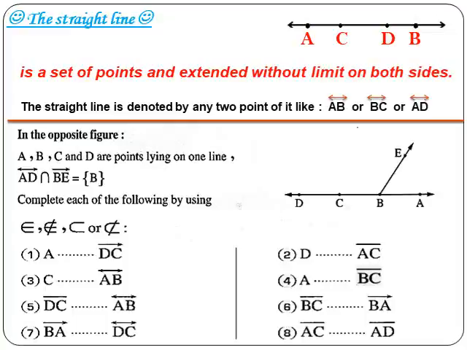Let's remember together. I will put belong between a point and a line segment, because it's a set, and a straight line, because it's a set of points. A ray is also a set of points. So I put belong and not belong between a point and a set of points.